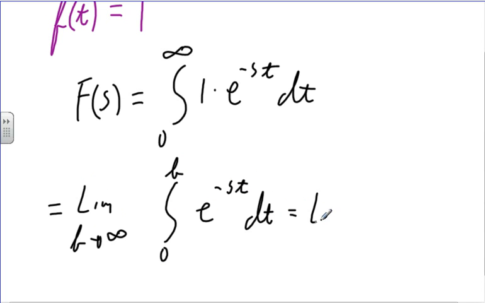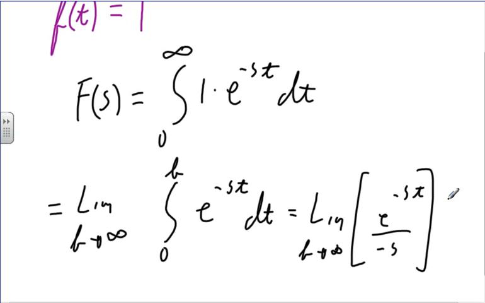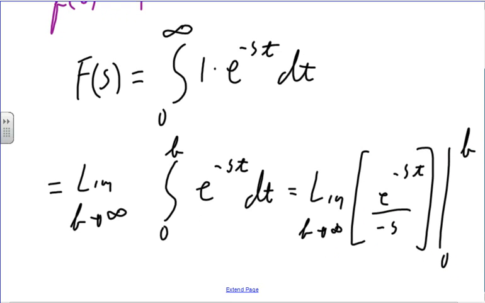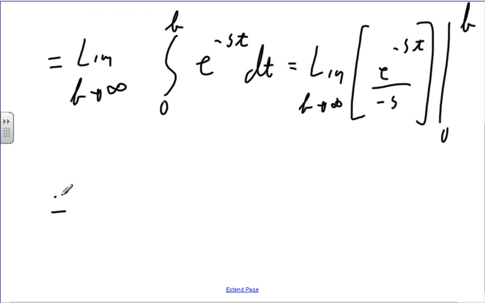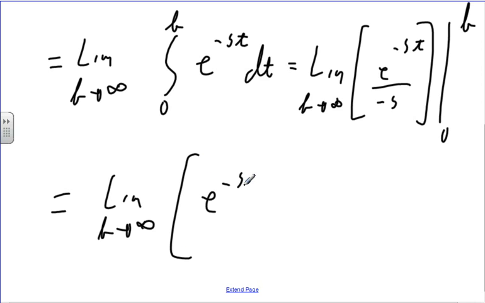All right, so that's going to be the limit as b goes to infinity of e to the minus st divided by minus s, evaluated at 0 and b. So I got the limit as b goes to infinity of e to the minus sb over minus s, minus e to the 0 over minus s.